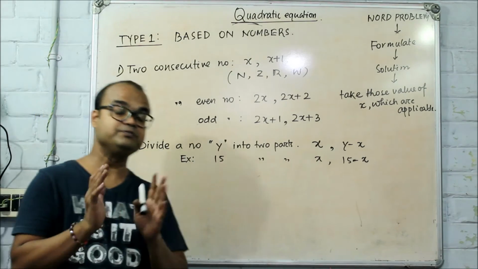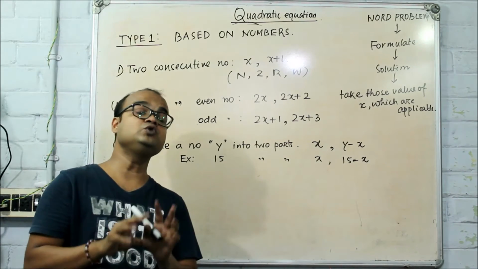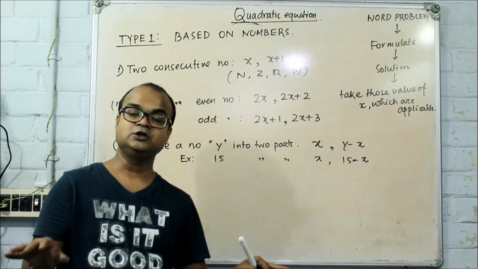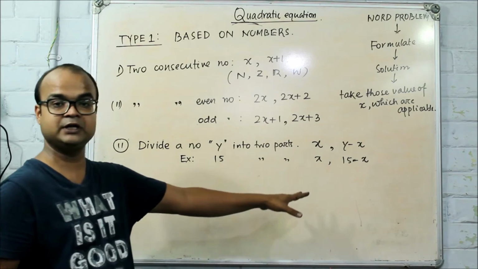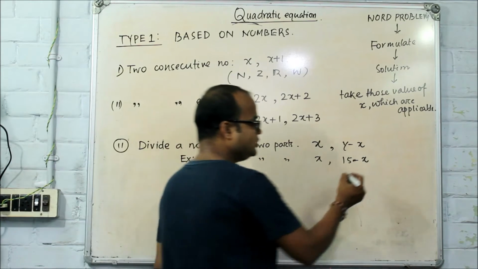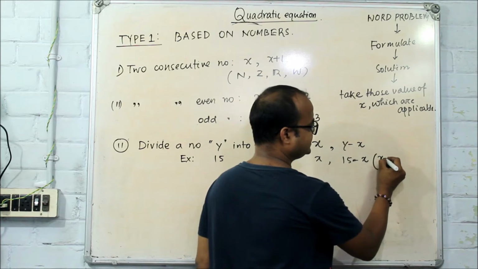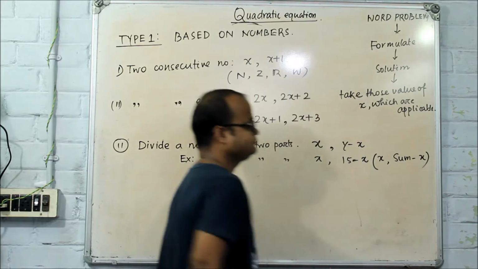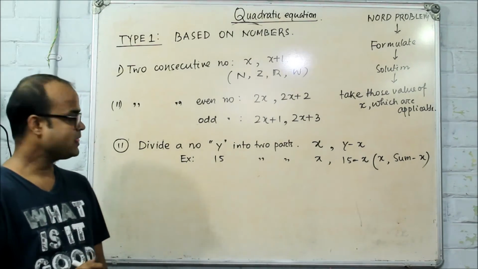Divide a number 15 into two parts. That means the sum of those two numbers is 15. You need to divide it into two parts. So obviously if one part is x, another part will be 15 minus x. Or you can just keep in mind like this, x and the second one will be sum minus x. X and sum minus x.